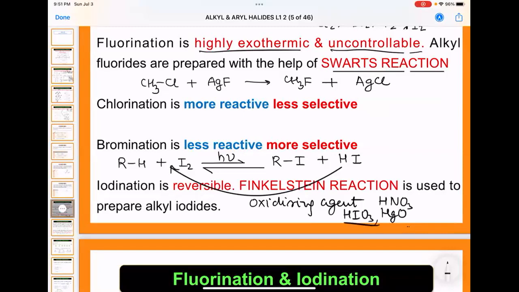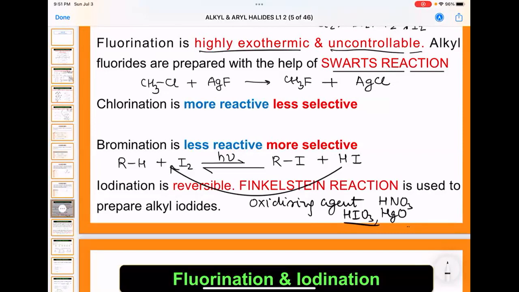What these oxidizing agents will do is oxidize the HI. So your HI will get consumed and oxidized to I2. So if the reaction is not getting completed on its own, you take an oxidizing agent that removes HI. This is a question. Okay, do remember this.